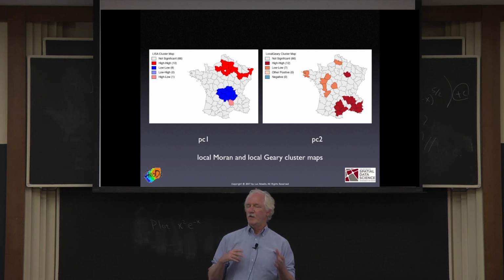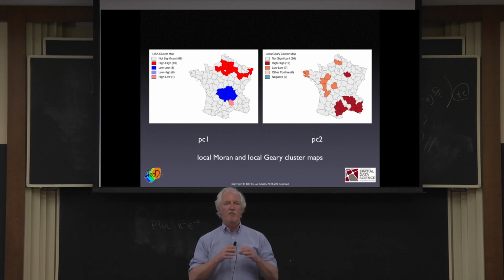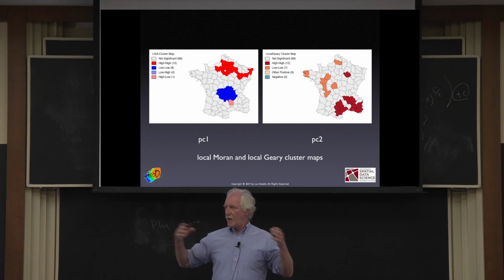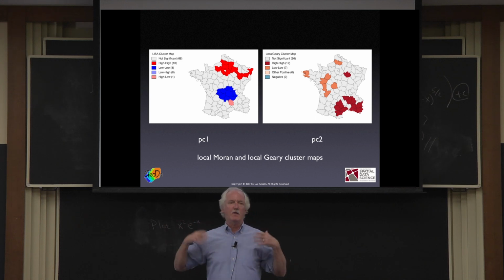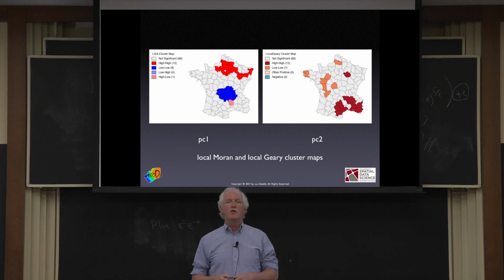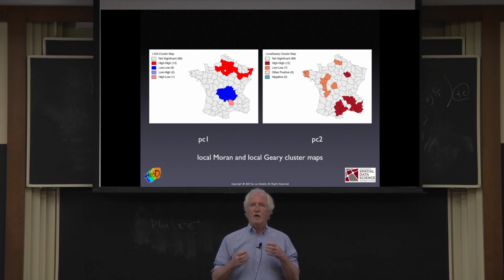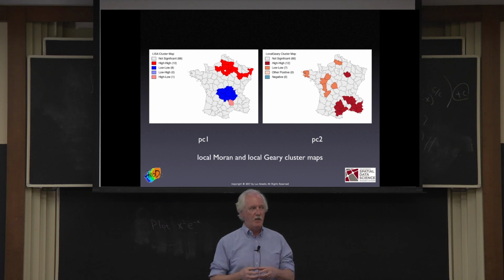So I think I talked a little bit about the multivariate local Geary, where you have multiple variables and you try to find their local clusters. Instead of going that route, because we're fighting the curse of dimensionality, you say, no, let's just look at the first or the second principal component and see if we can find clusters in those spatially.